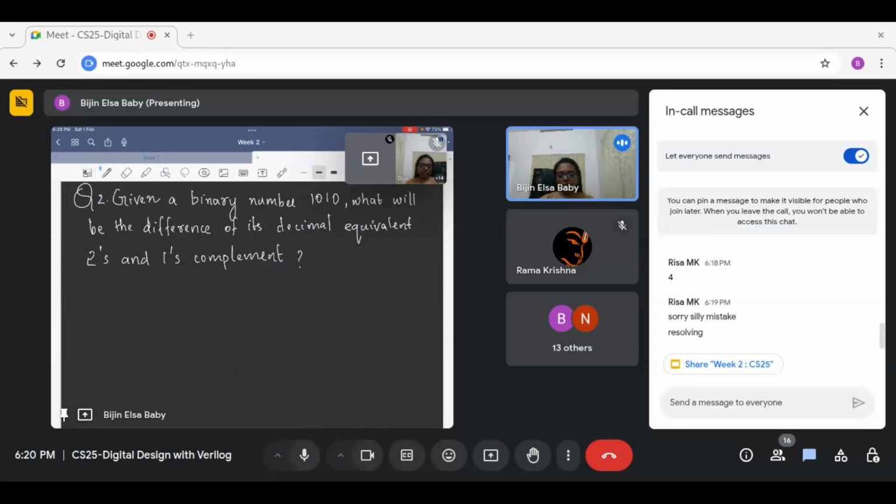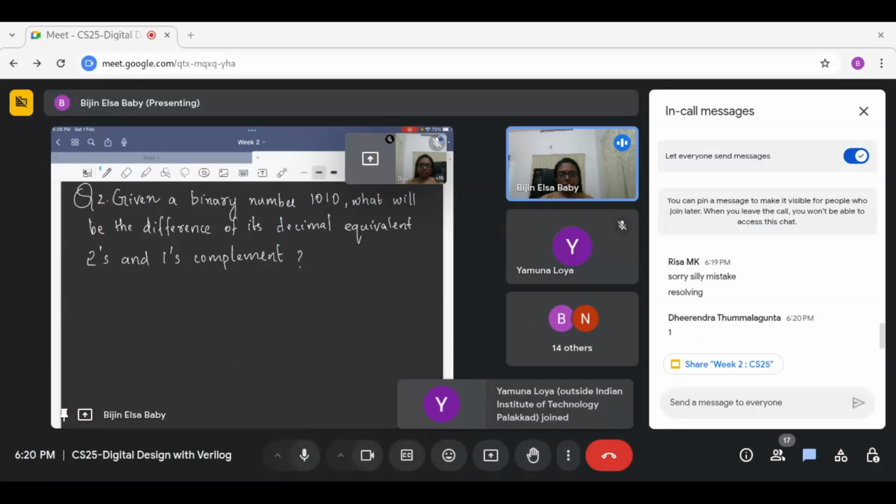First, find the 2's complement of this number 1010, then the 1's complement, then take the decimal equivalent of both and do the subtraction.